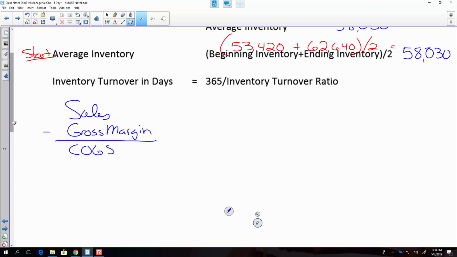So I have 3,948,340, and if I subtract my gross margin, 1,859,260.